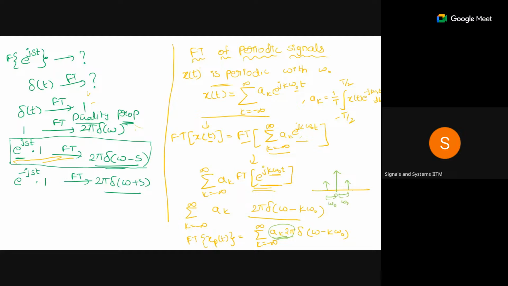So here it will be 0, here 1 omega naught, and the weights will be ak times 2 pi: here a0 2 pi, here a1 2 pi, here a2 2 pi, and here at minus omega naught and minus 2 omega naught, a minus 1 2 pi and a minus 2 2 pi. This is how the spectrum looks.